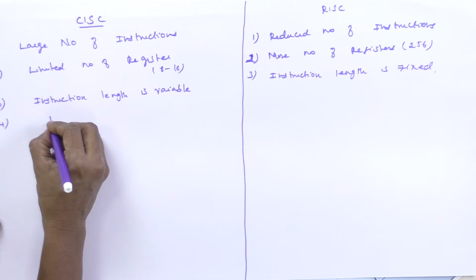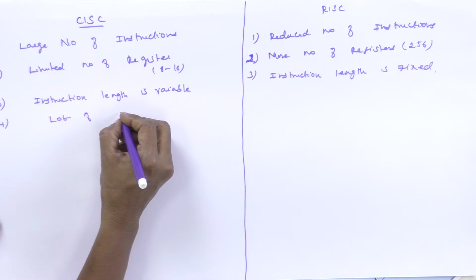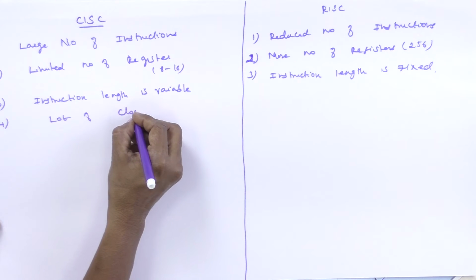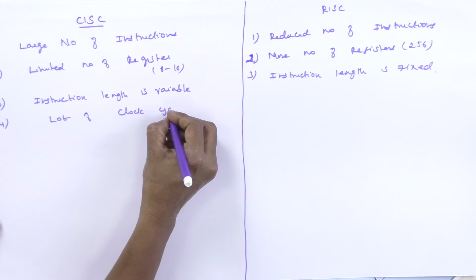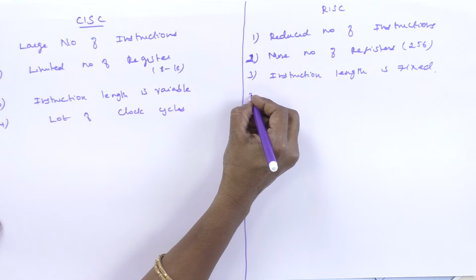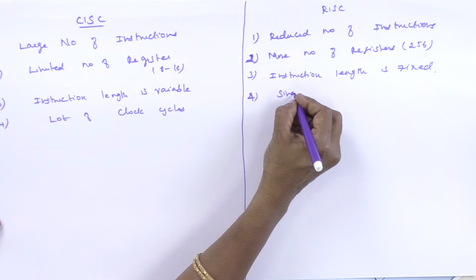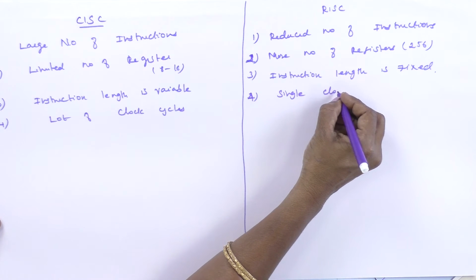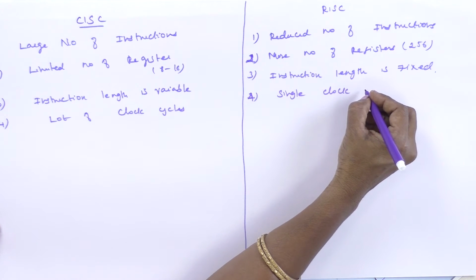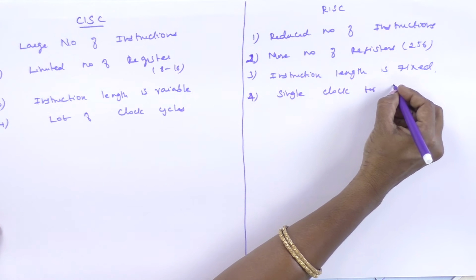CISC requires a lot of clock cycles, while RISC requires a single clock cycle for instructions.